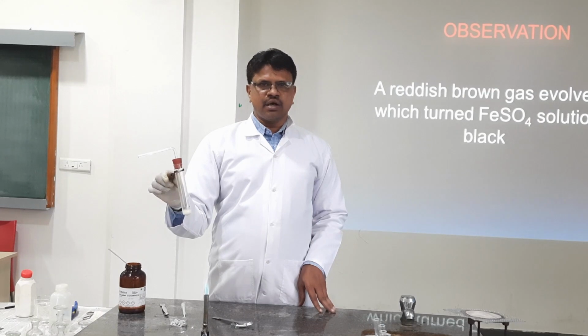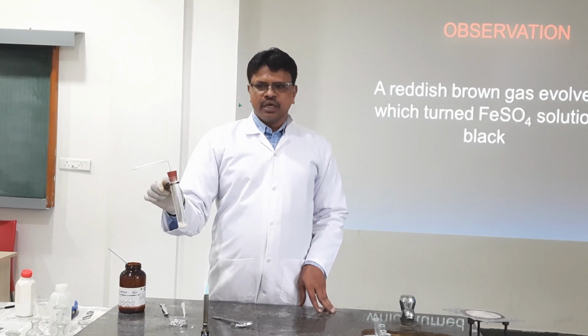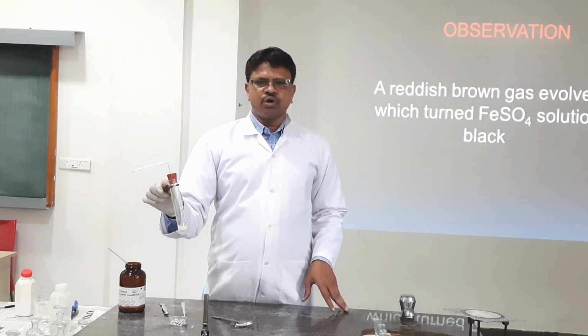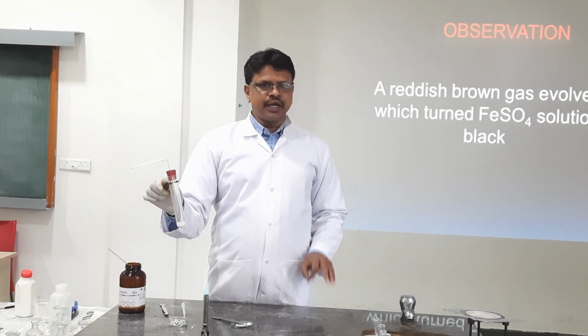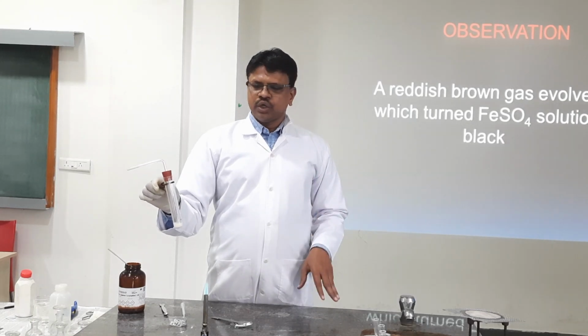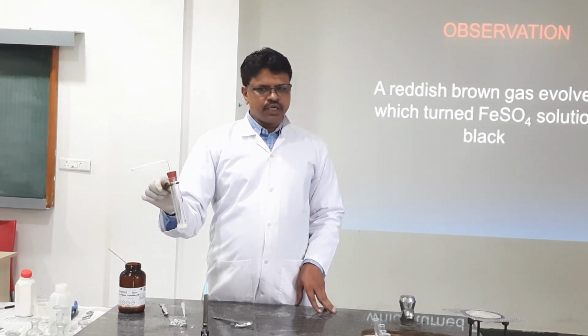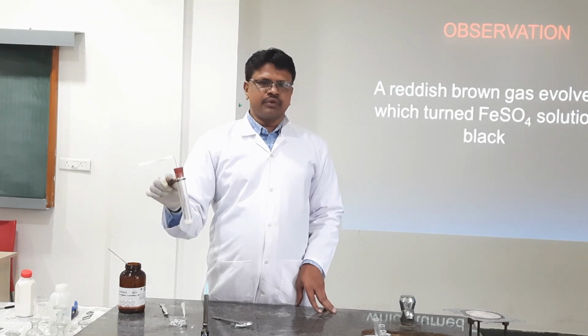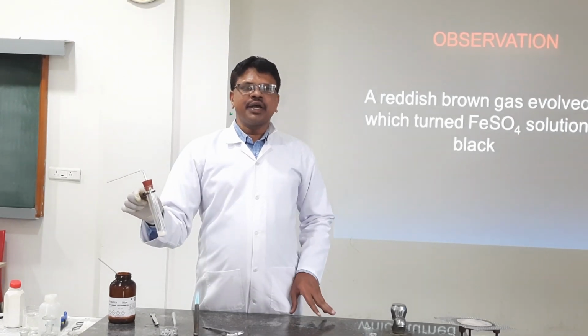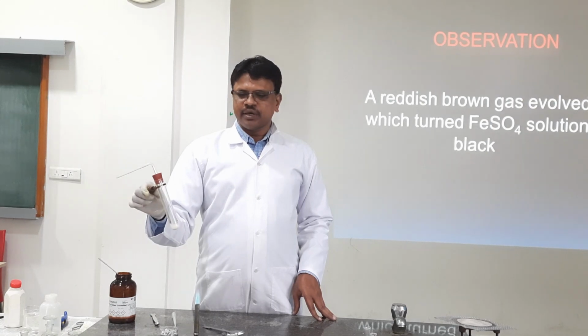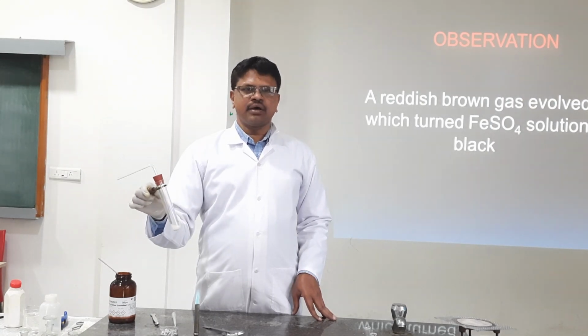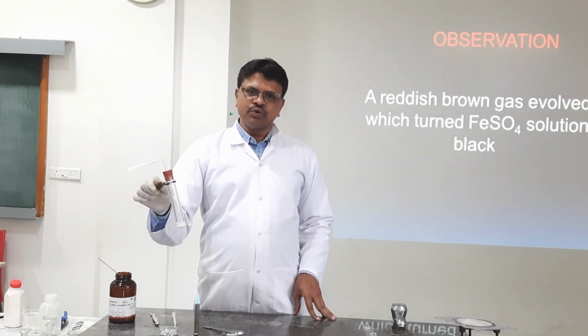By this concentrated sulfuric acid test, if there is bromide ion or iodide ion or nitrate ion, we will come to know. In case of bromide ion, orange or yellow vapors will come. In case of iodide ion, blue vapors will come. In case of nitrate ion, there are brown vapors.